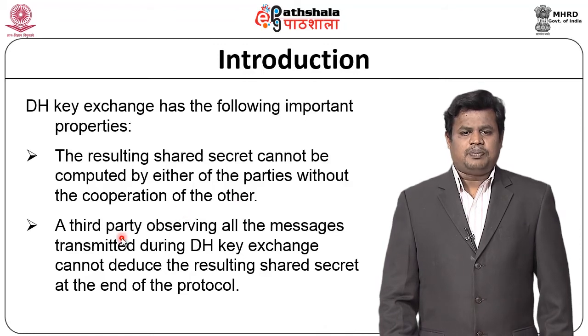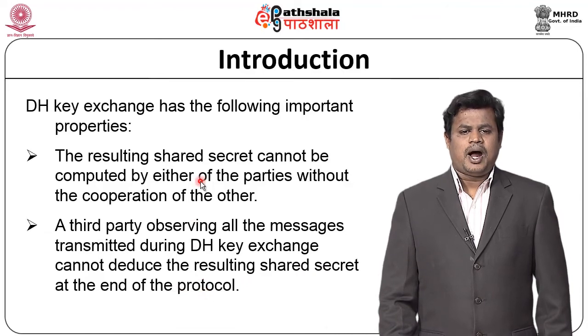And the second property, a third party observing all the messages transmitted using Diffie-Hellman key exchange cannot deduce the resulting shared secret at the end of the protocol. So this is very important in a key exchange algorithm.